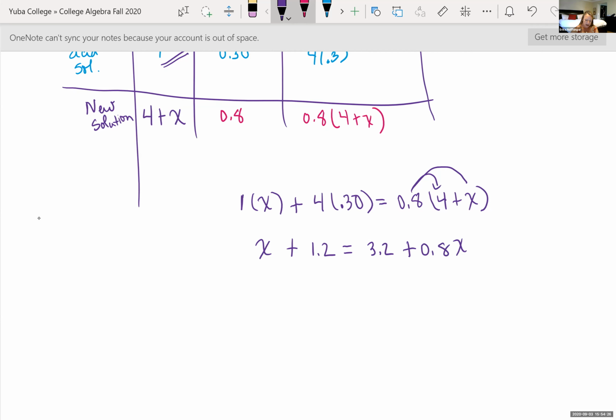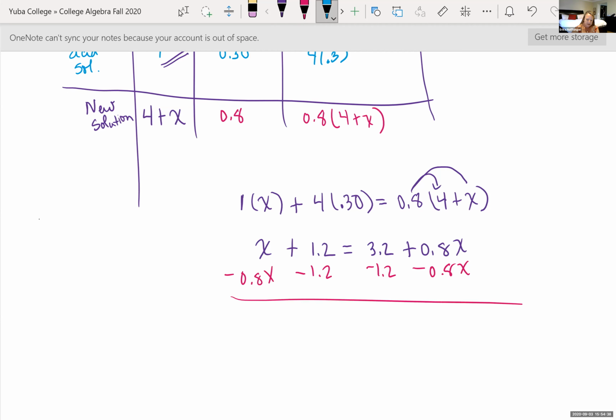So if we subtract 1.2 on both sides, and we subtract 0.8x on both sides, well, when you're subtracting, think of this as 1.0x. So 1.0x minus 0.8x, that's 0.2x, is equal to 3.2 minus 1.2.